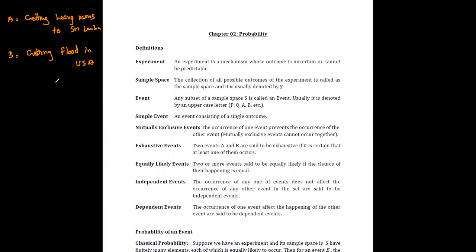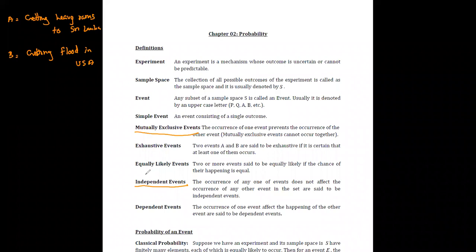It is because the occurrence of one event does not affect the occurrence of the next event. If you are considering these two concepts, mutually exclusive and independent events, these are not the same concepts. In mutually exclusive events, what we have discussed was that the occurrence of one event prevents the occurrence of the next event. It means that if you are considering two events, those events cannot happen at the same time.